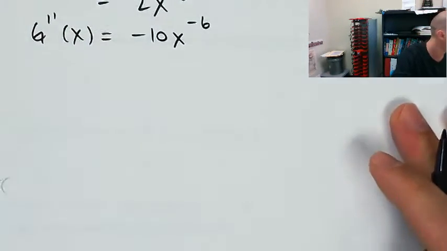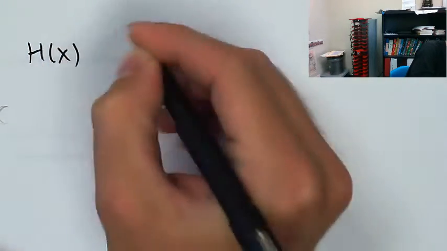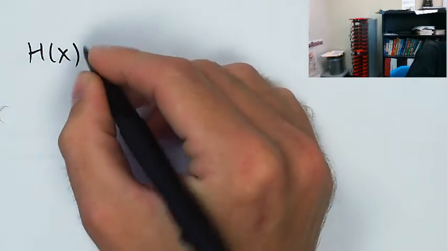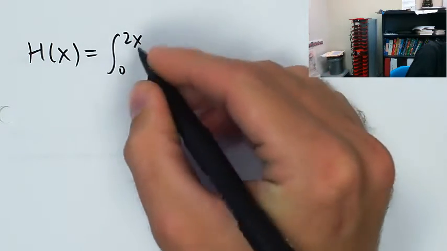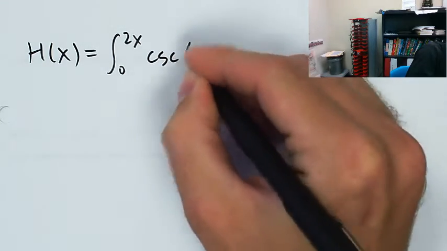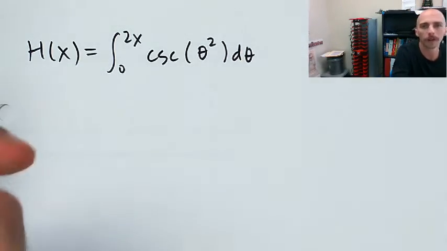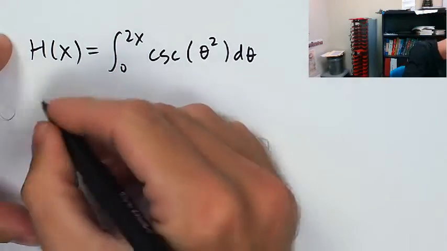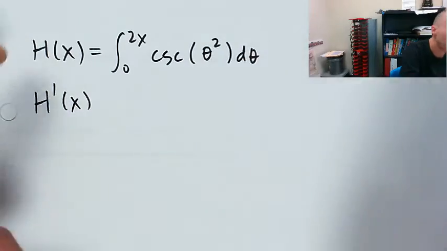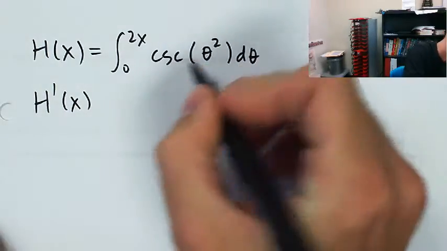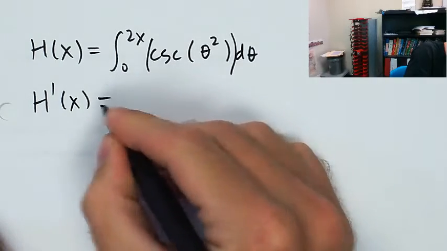That's cool. h of x is equal to the integral from 0 to 2x of cosecant theta squared d theta. Remember, it doesn't matter what dummy variable we use. If we're going to take the derivative of this function, I'm still going to take that and throw it in wherever I see the dummy variable in the integrand. So that's going to be inside of the cosecant of theta squared.